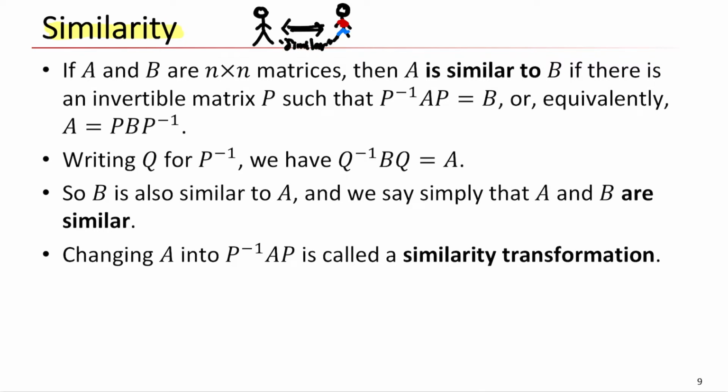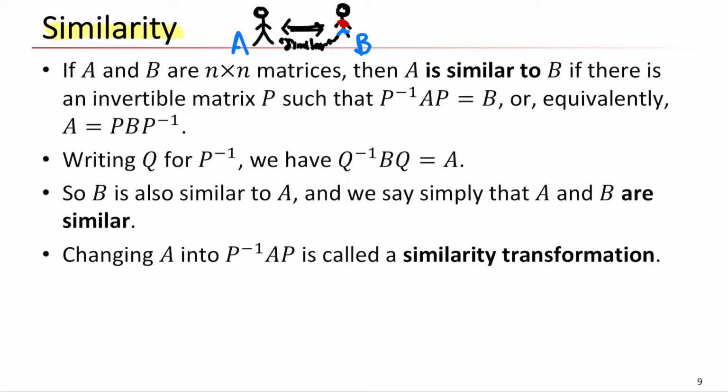In Korean, 닮았다, right? So what I want to do is, let's think about this matrix A and this another matrix B. If matrix B is similar to matrix A, or matrix A is similar to matrix B, then some properties of matrix A and matrix B are the same, right?